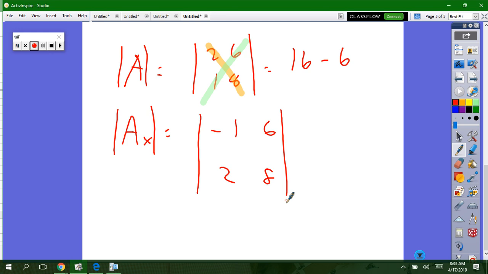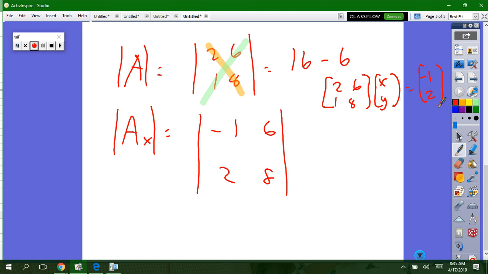So instead of 2, 1, now that 2, 1 is negative 1. Is everybody with me on that? Any more questions? Because that's how you solve this. If you don't get what I'm doing, that's not going to help you, right? So once again, I had 2, 6, 1, 8, times x y, equals negative 1, 2, correct?